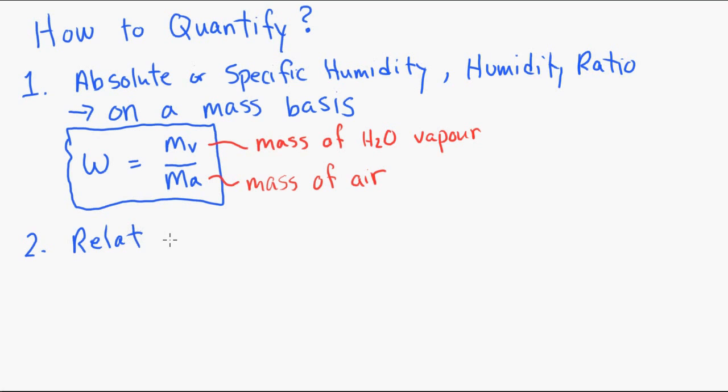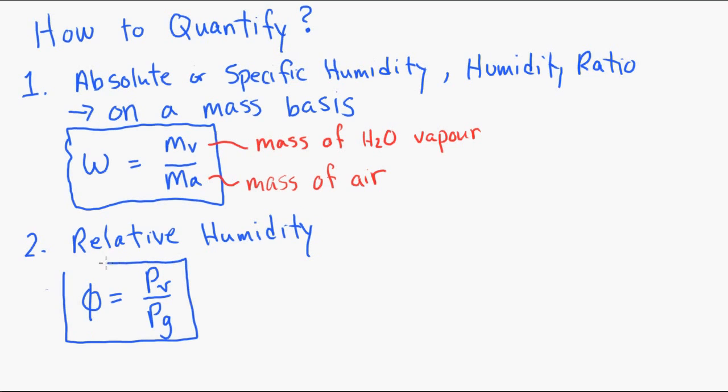The second way of quantifying humidity is the relative humidity. We use the symbol phi. That's equal to PV divided by PG. PV, if you recall, is the partial pressure of water vapor in the atmosphere.